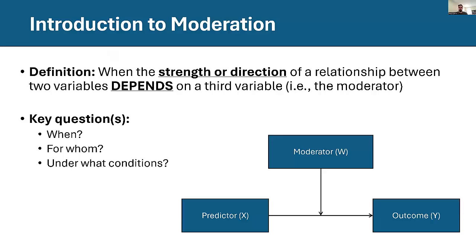Essentially, it's answering key questions framed as when, for whom, or under what conditions does X predict Y. So for example, you can think of this moderation model here, the relation between stress and depression, depending on level of social support. Maybe for those with high social support, stress could have a minimal impact on depression, while if you have very low social support, stress might significantly increase depression.